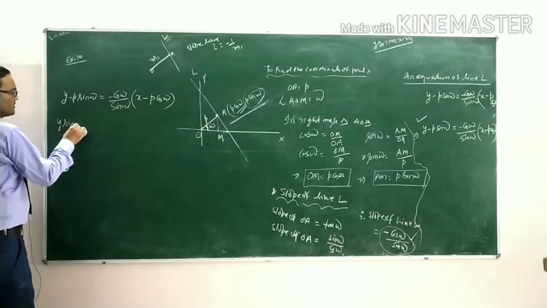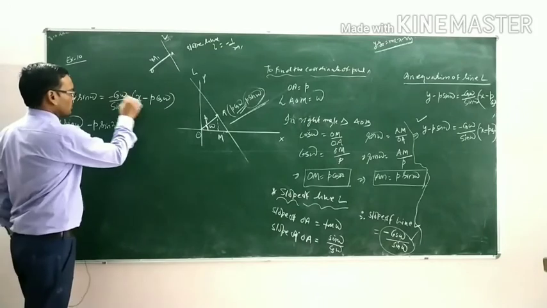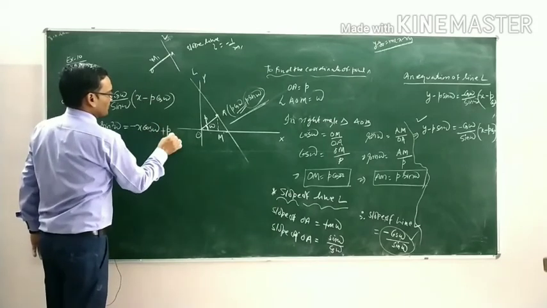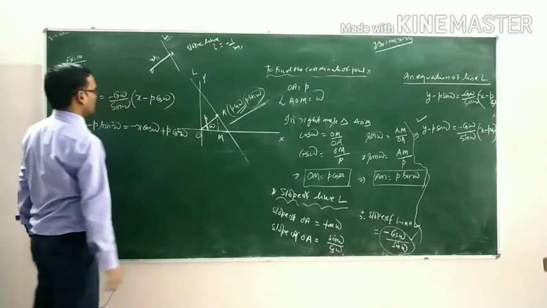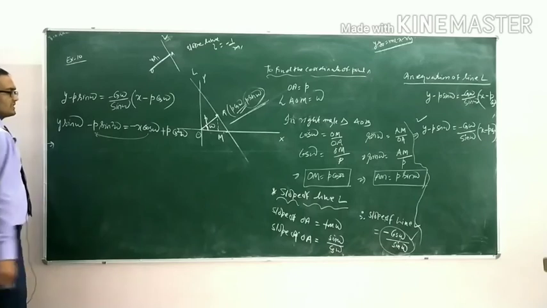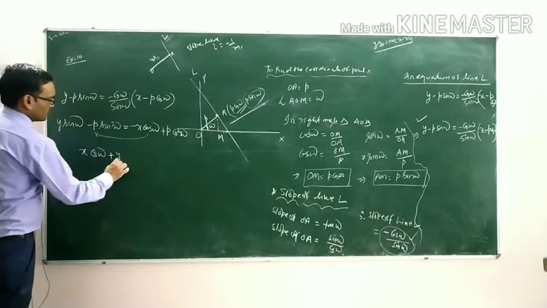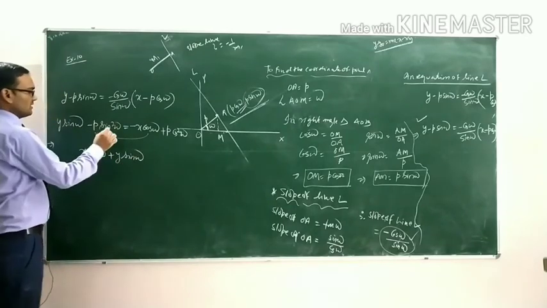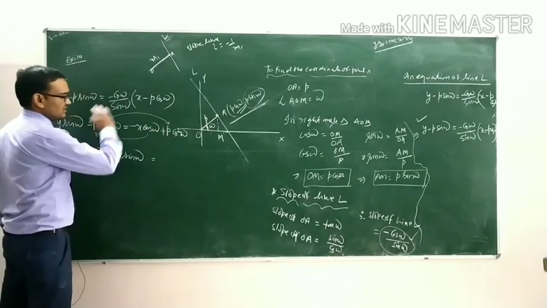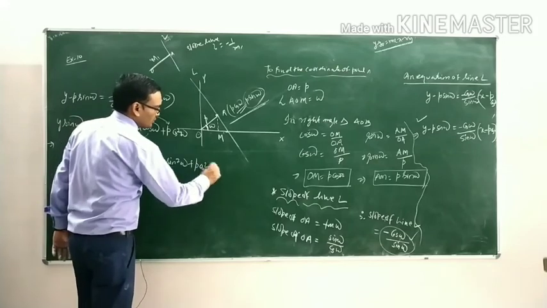Y sin omega minus P sin square omega is equal to minus x cos omega plus P cos square omega. This implies that we transfer minus x cos omega to the left hand side: x cos omega plus y sin omega, and minus P sin square omega is transferred to the right hand side: P sin square omega plus P cos square omega.